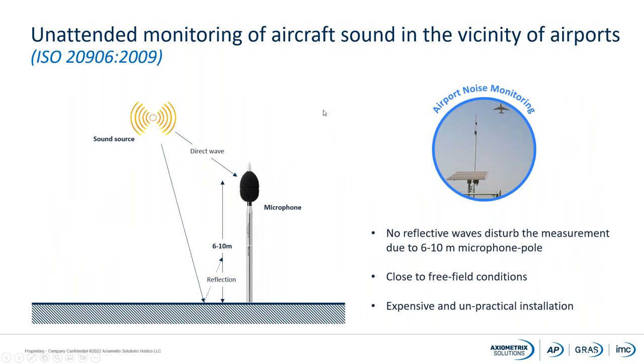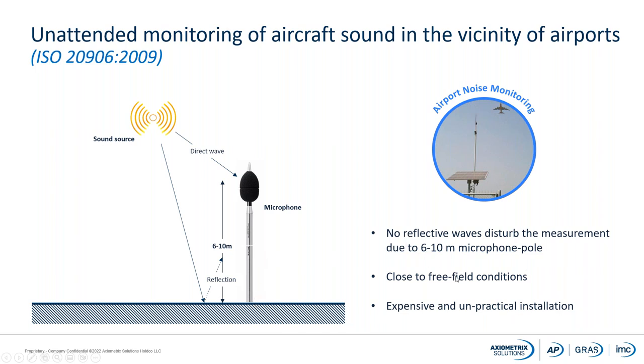If we go into a little bit more detail, starting with the first installation, this is the 6 to 10 meter installation. And this has almost a free field condition, because the reflection from the ground is so far away from the microphone. So it is only the direct wave coming from the noise source that is picked up by the microphone and reported into the analyzer software.